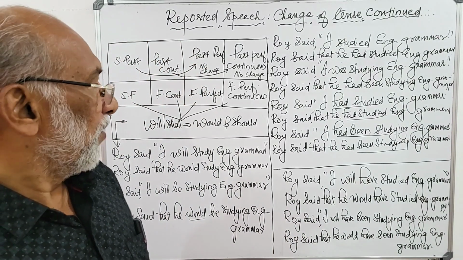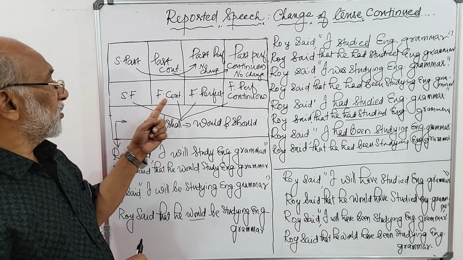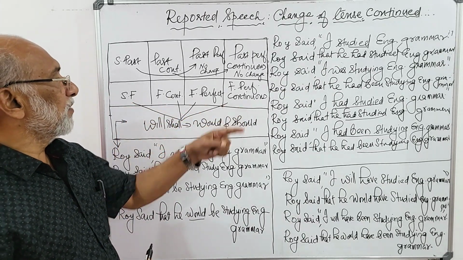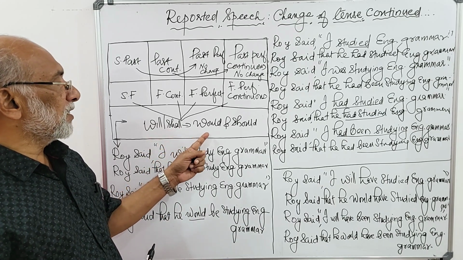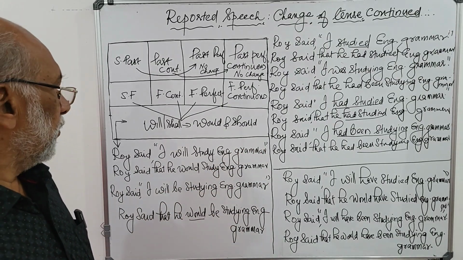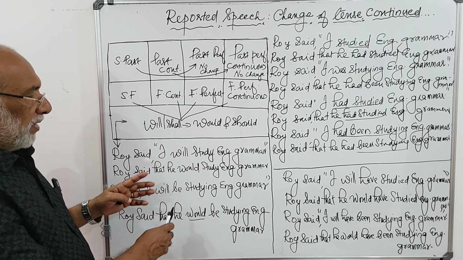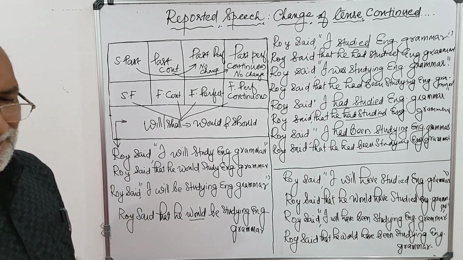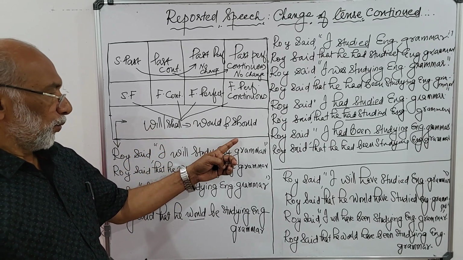Now let's go to future tense. In the case of future tense, I said simple future, future continuous, future perfect, and future perfect continuous. The will and shall of the future tense becomes would and should. That is the rule. Okay, I have written the sentences and their answers also here, because the only change is will and shall becomes would and should.